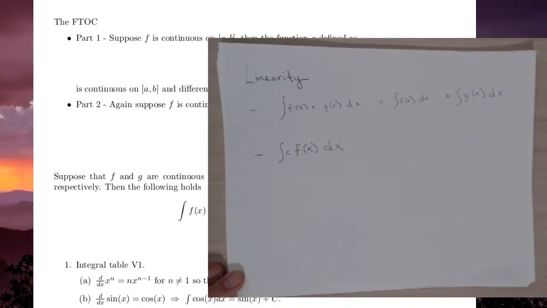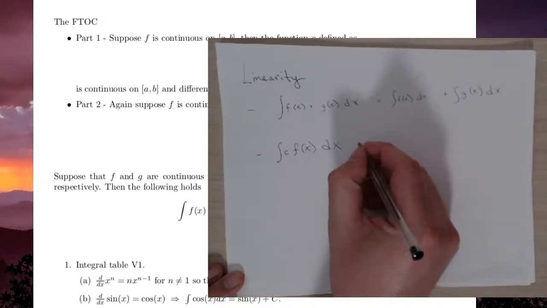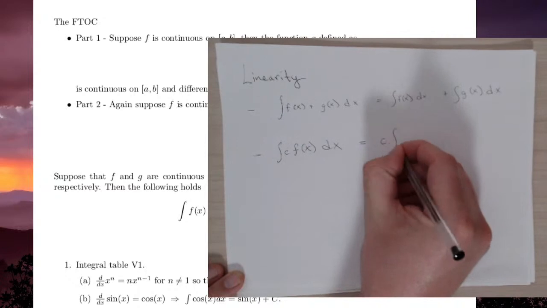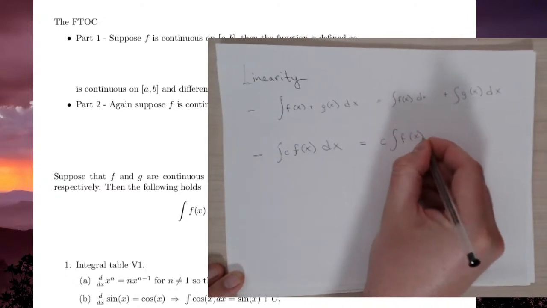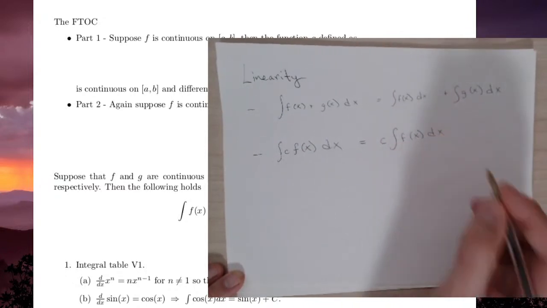The other half of linearity says that if you take a constant, so C, let's assume that's any constant, and multiply it by a function, then it does exactly what you would like. You can pull the constant outside.